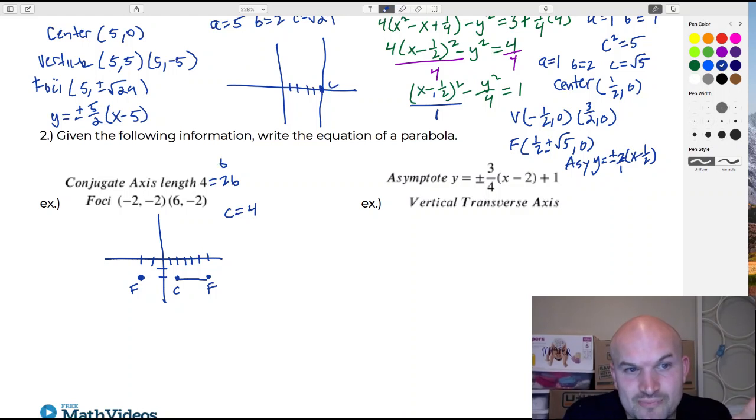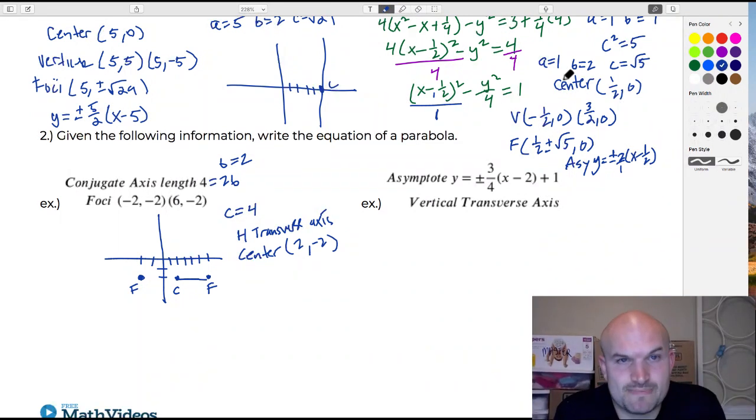From here, we know b is equal to 2. We know that it's a horizontal transverse axis. And we know that the center is going to be at 2, comma, -2. So just by plotting the information, we're given the center, we're given the value of c, and we're given the value of b.